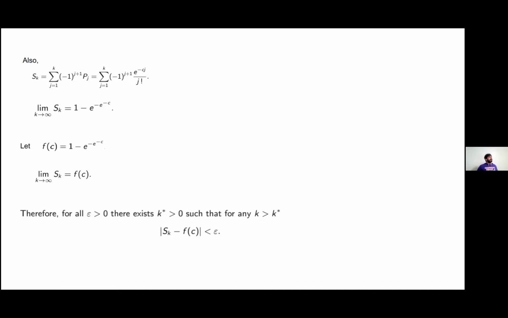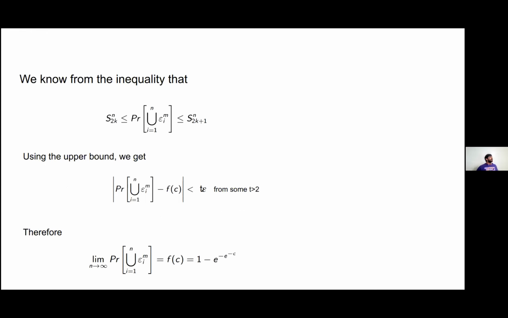Since S_k approaches f of c as k tends to infinity, we can say that for all epsilon greater than 0, there exists some k such that for any k greater than it, the difference between these is very small or negligible, and we express this as the absolute difference between S_k and f of c being less than epsilon. We know from the inequality before that the probability of the union of all such events is bounded by these terms.